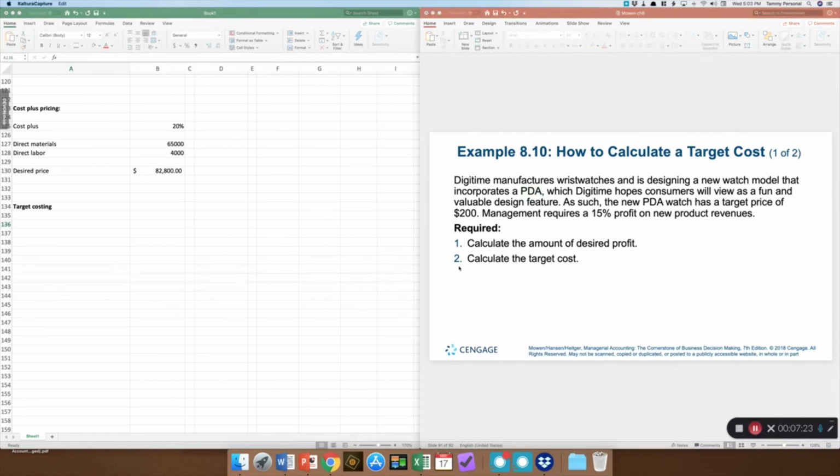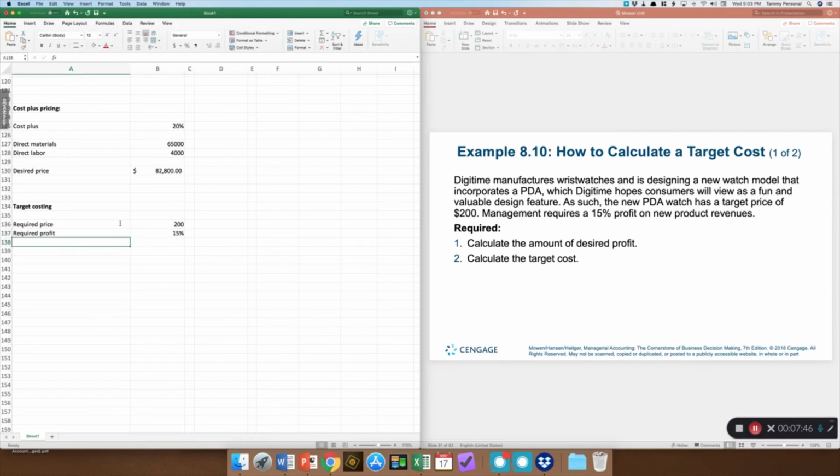So let's say the required price is $200, required profit is 15%. Then our required profit at $200 is going to be 15% of $200.